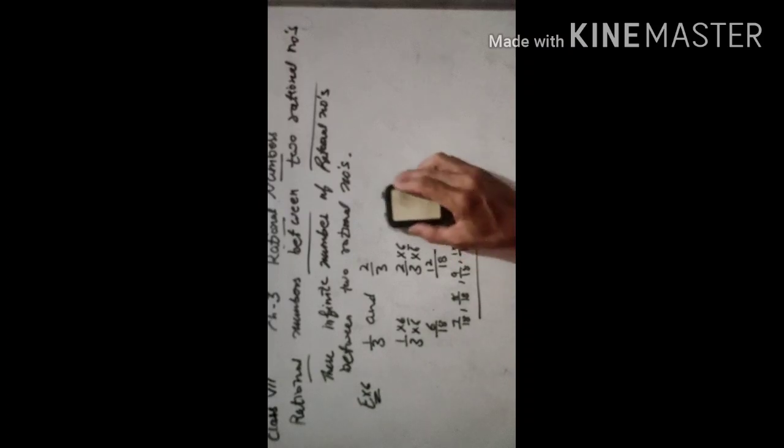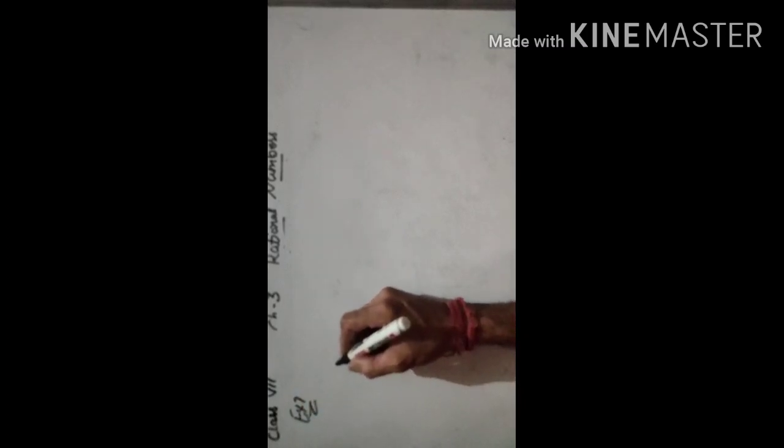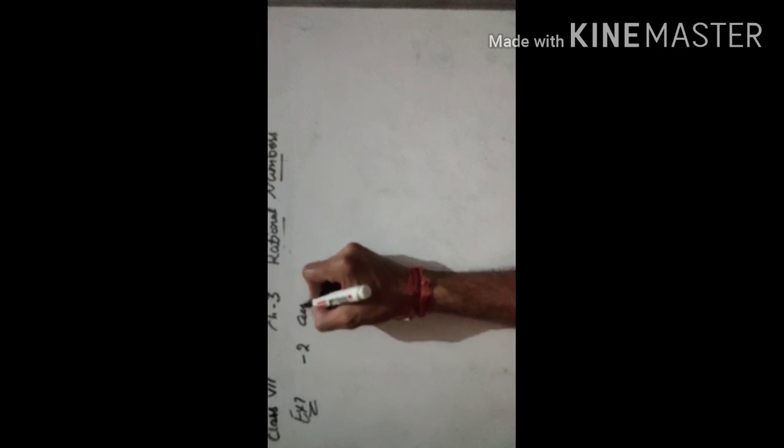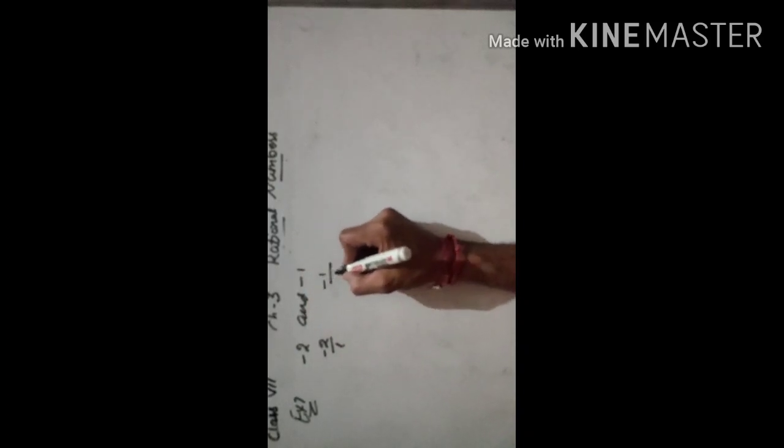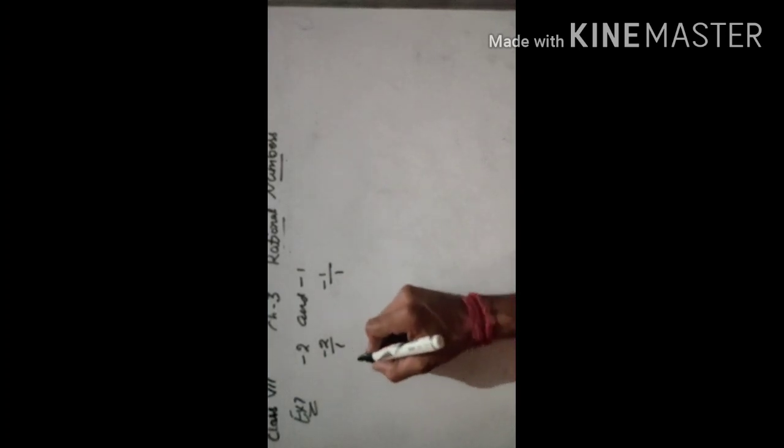Now example number 7. Insert 5 rational numbers between minus 2 and minus 1, that is minus 2 upon 1 and minus 1 upon 1. Now we have to insert 5 rational numbers, so multiply numerator and denominator by 6.